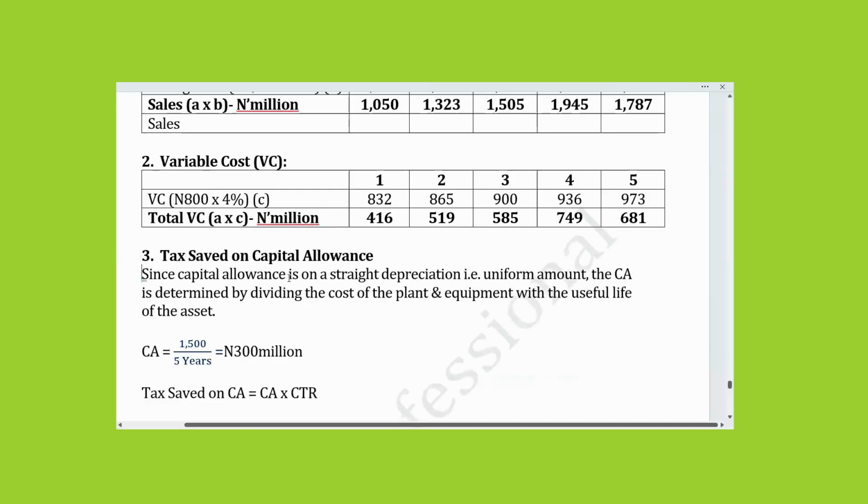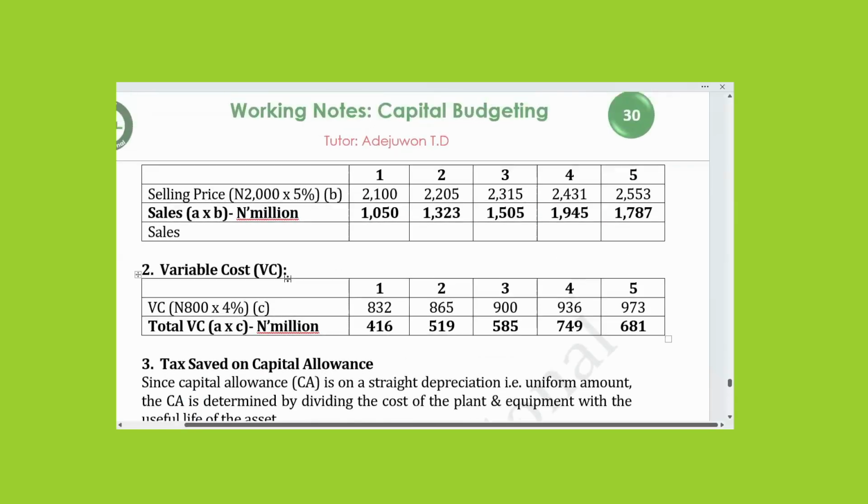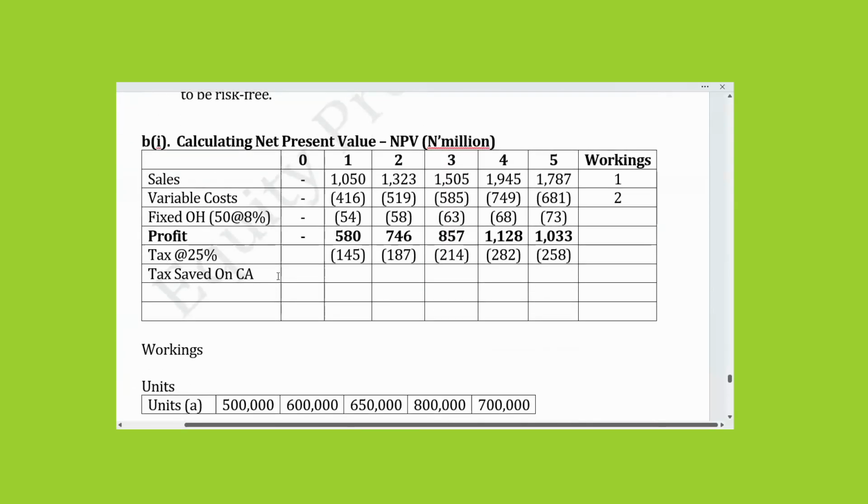All right, so 75 million. I will then come here, tax saved on capital allowance, working number 3. Each year is 75, so you are using it to reduce your tax liability.